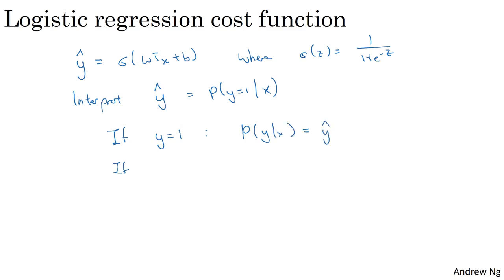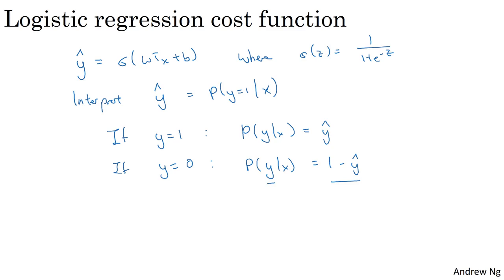And conversely, if y is equal to 0, then the chance that y was 0 was 1 minus y hat, right? So if y hat was the chance that y is equal to 1, then 1 minus y hat is the chance that y is equal to 0.